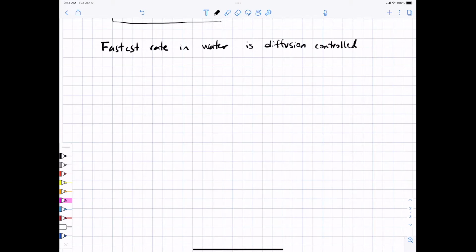So what does that mean? Well, in water, diffusion just depends on molecules bumping into each other, and so at some stage, the ability of two molecules, an enzyme and a substrate, to find each other is going to be the rate determining step.